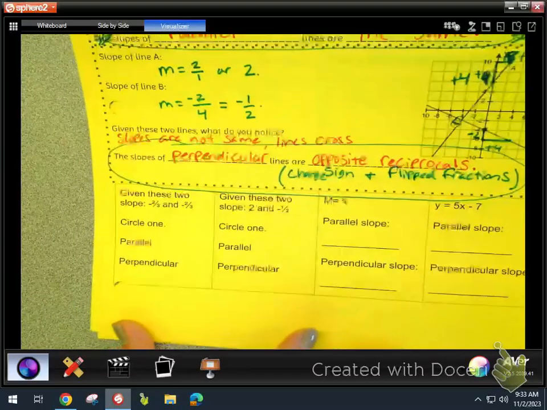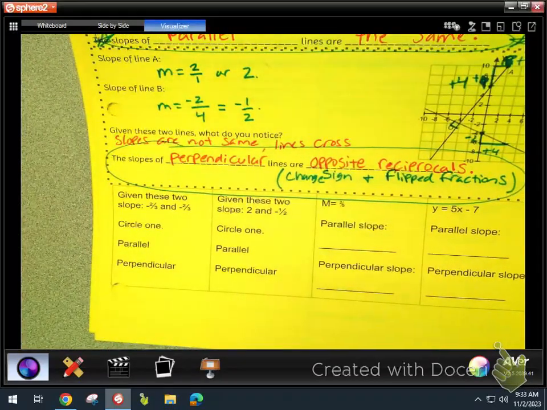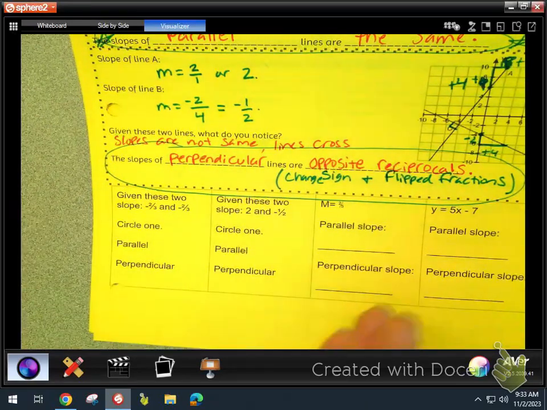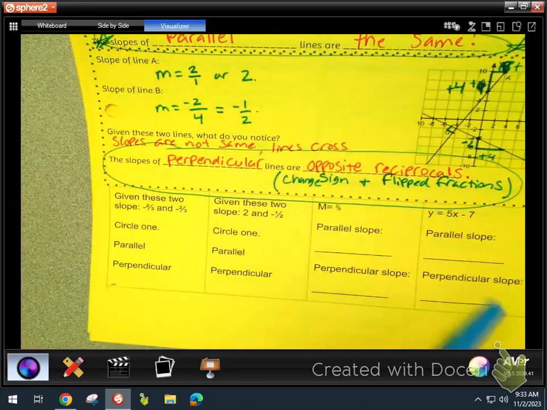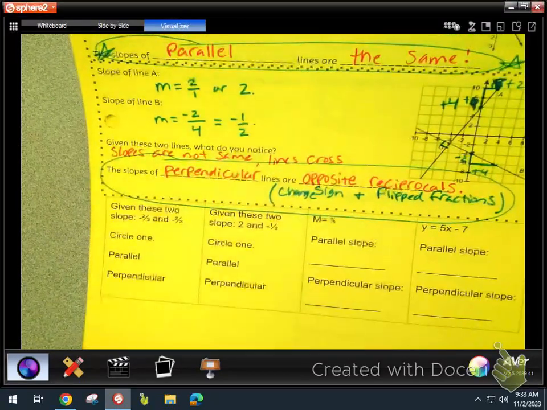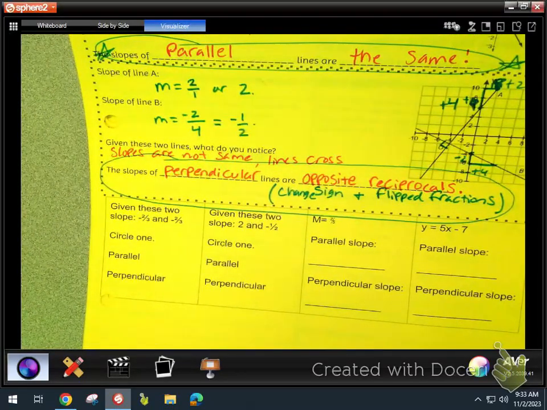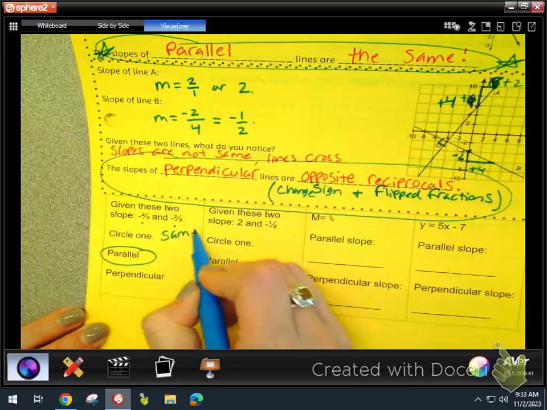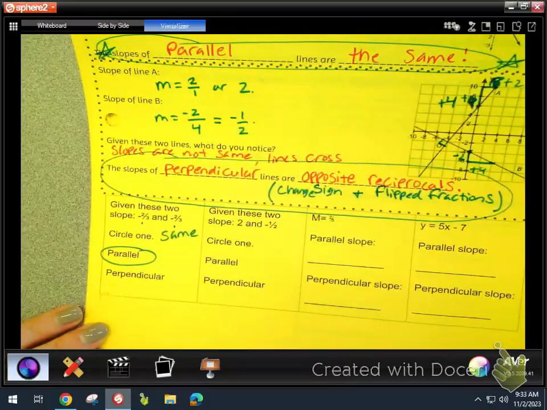Let's fill these out real quick. And then honestly, this is really the only thing that's truly new today. But you're going to see how we connect it with the other stuff we've been doing. So here's 2 slopes. Negative 2/3 and negative 2/3. Which word are you going to circle when you compare these 2 slopes? Because they're the same. They are pretty easy.